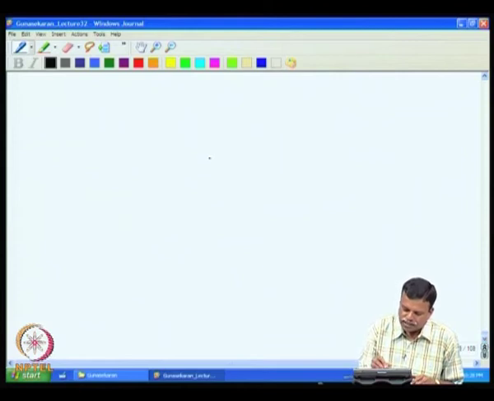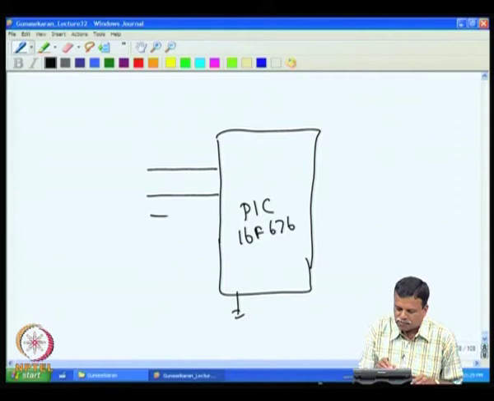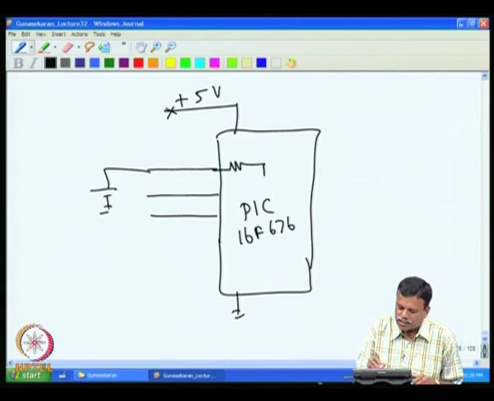For example, if I take the PIC microcontroller, the most popular chip would be the 16F676. It has many analog input channels, and a supply and ground. Vin can be given in one of the channels, and this is connected inside through a capacitor, and there is a sample switch and also a switch for channel selection.